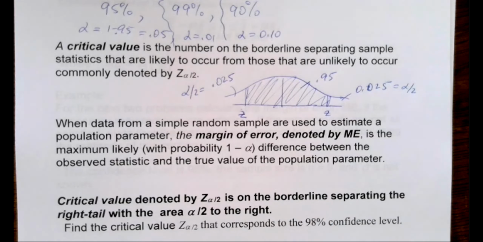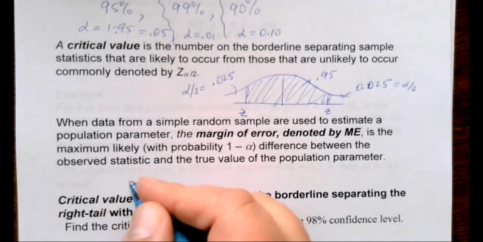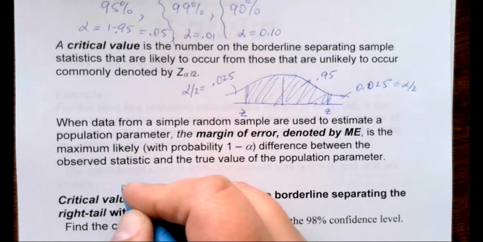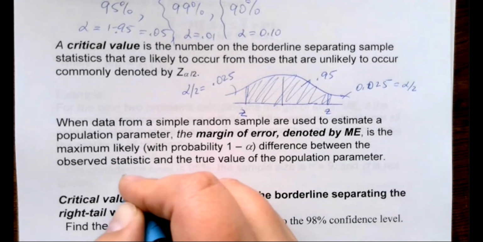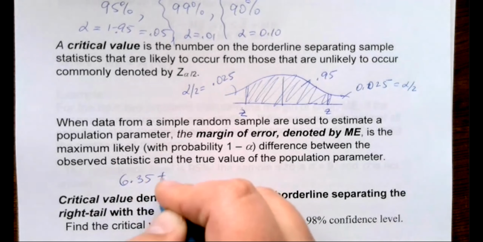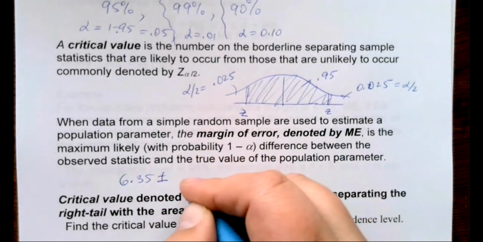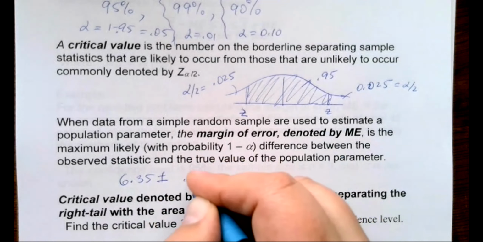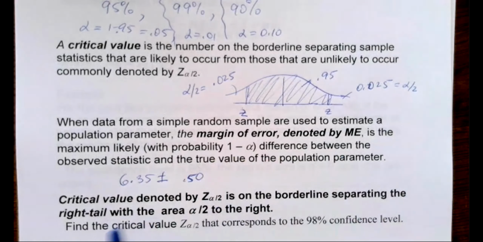So for example, if we say that our population will have a gas price of 6.35 plus or minus, I don't know, 50 cents, then my 50 cents is the margin of error in this case.